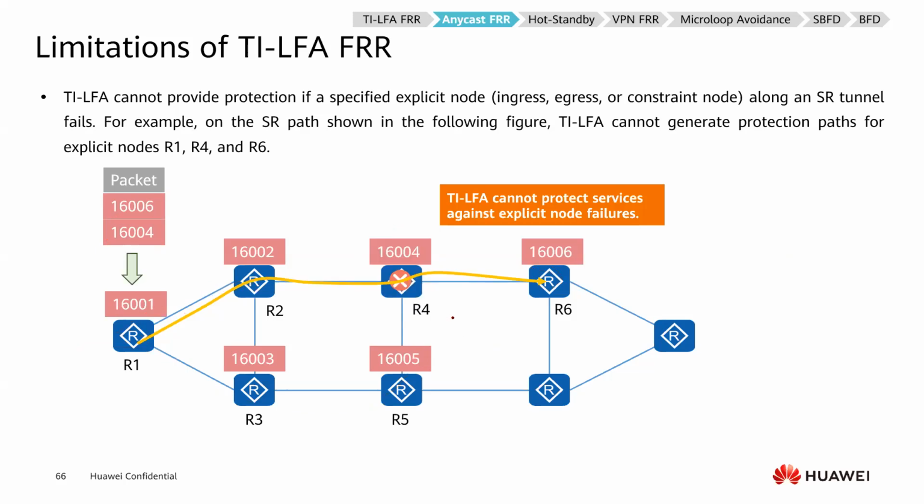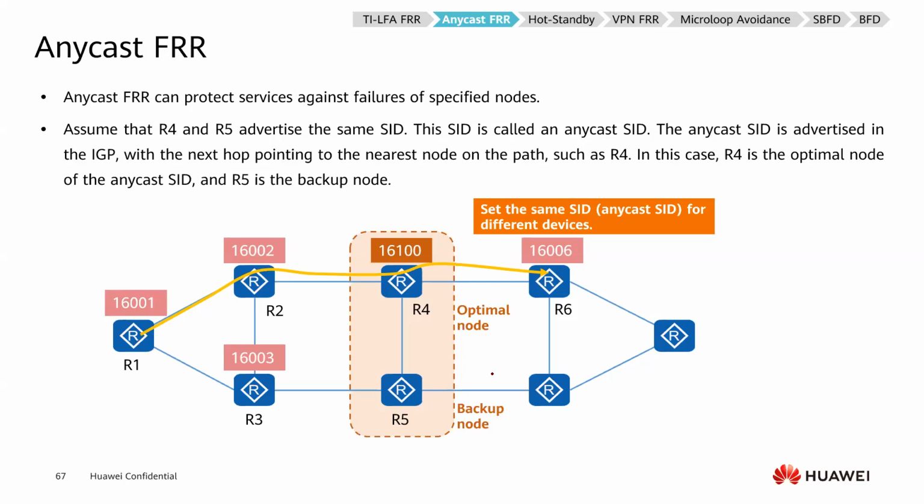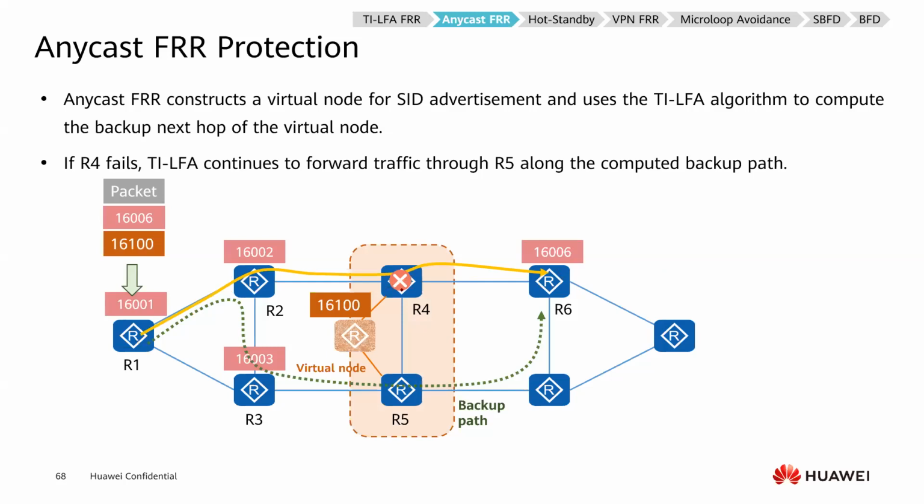So under this circumstance, we can use something called anycast. Basically, they put two devices with the same node SID. They put R4 and R5 with the same node SID 16100. And if R4 has failed, no problem.